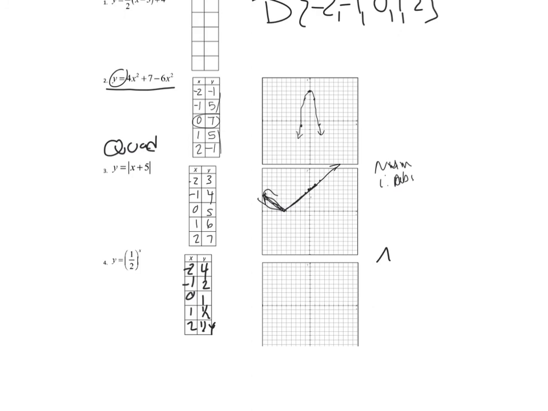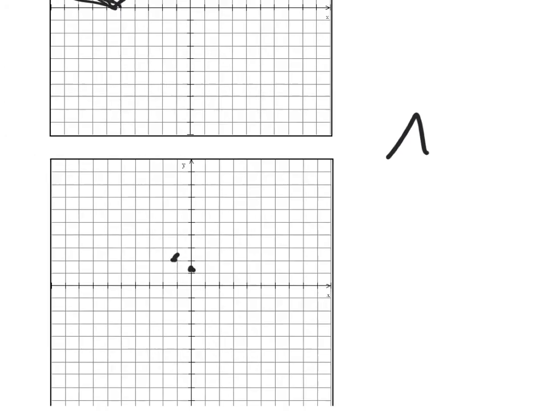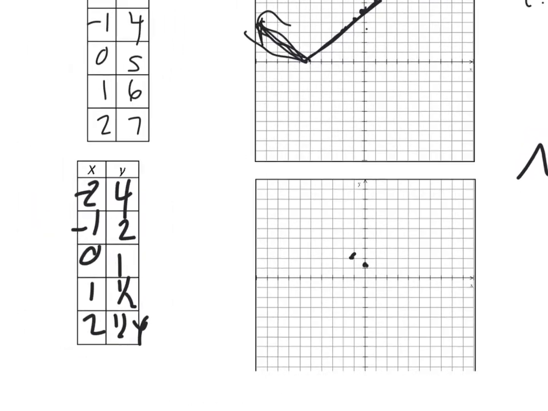Okay, so when you graph it, here's 0, 1, -1, 2, -2. Let me get this bigger. A woman can't see. Okay, we got 0, 1, -1, 2, -2, 4.